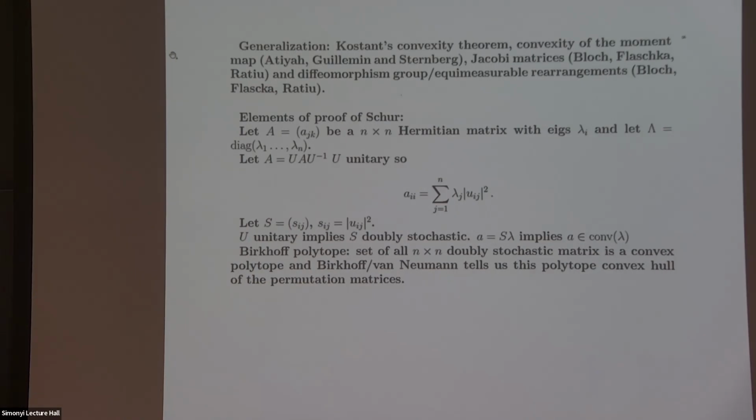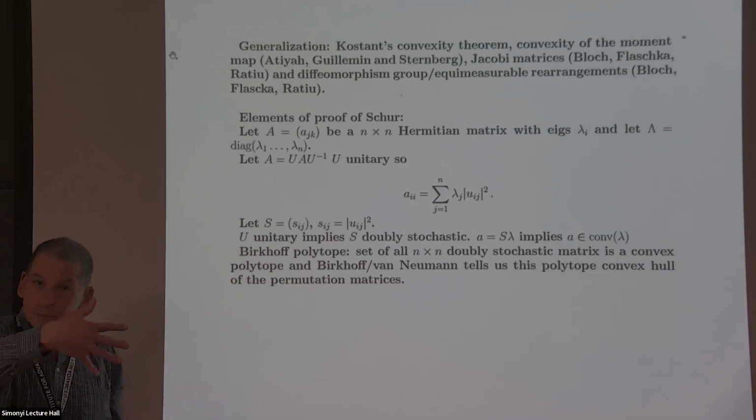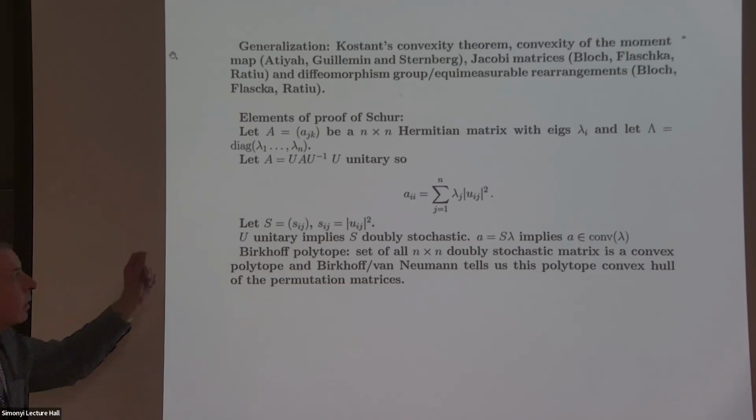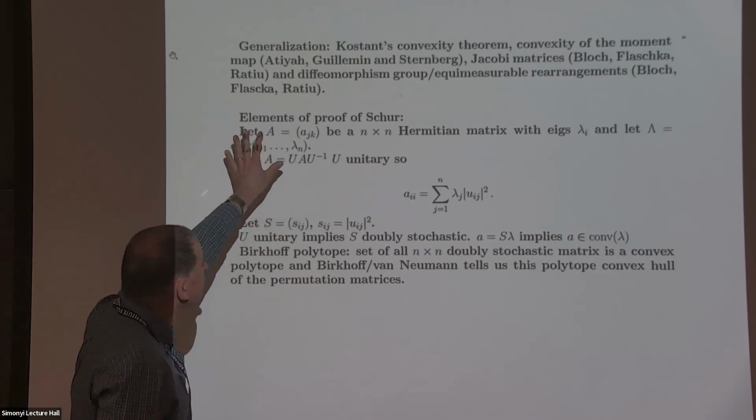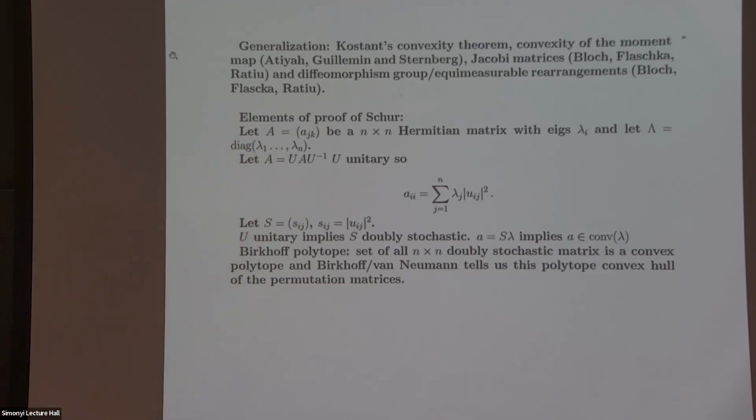So if I have a torus action on a suitable manifold, I take this map, and it maps into the dual of the Lie algebra of the torus, all right? And that mapping actually is also convex. This was proved by Atiyah and also by Guillemin and Sternberg back in the early 80s. So it has this very nice generalization to Hamiltonian systems.